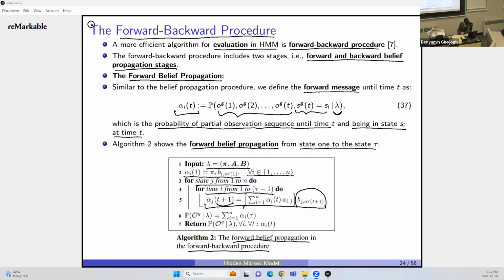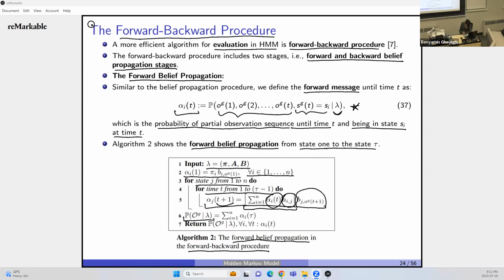Also, this first term inside is defined in equation 37. It means that I'm at a state Si at time t, and I go to the state j from Aij. I go from a state i to a state j.